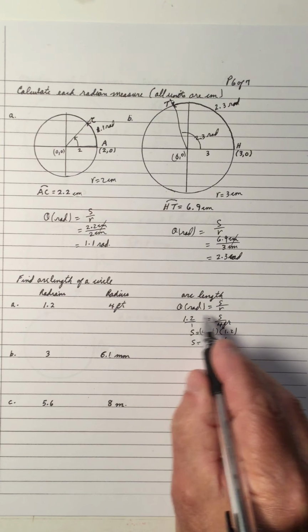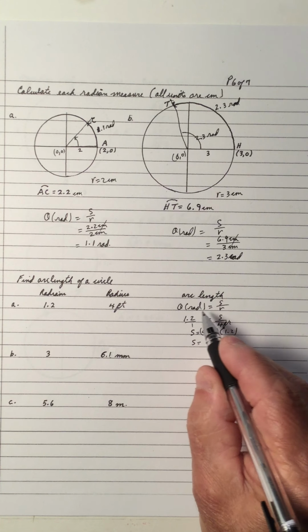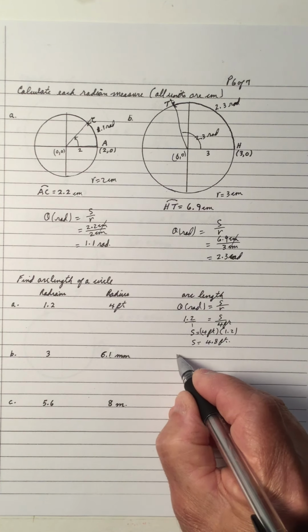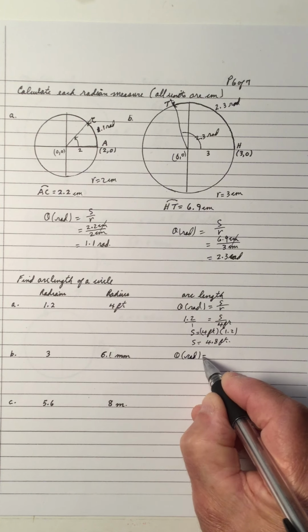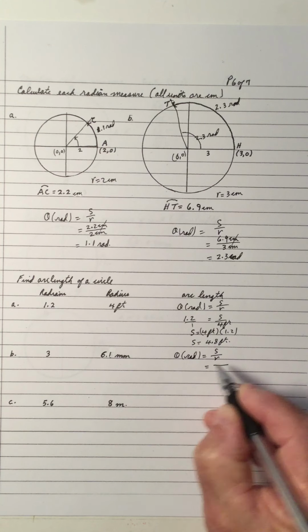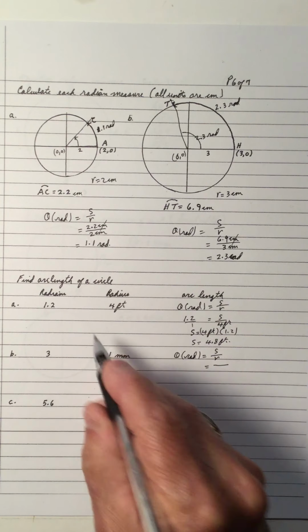Just using the formula here and subbing in. Just then we found the radian measure. Now we're reversing it and finding the arc length. And so the radian measure, I always write it down, is the arc length divided by the radius. We're trying to find the arc length.